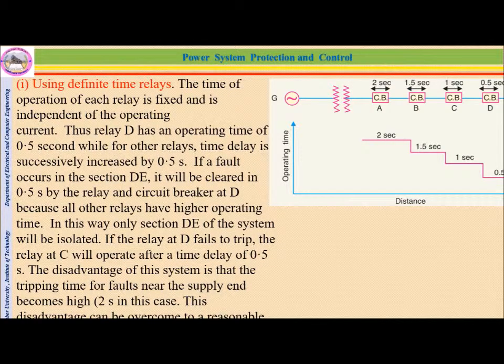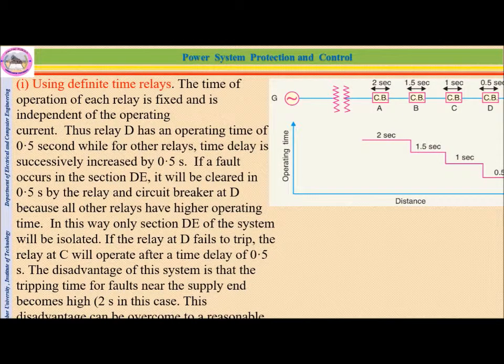For example, in this condition, relay D has an operating time of 0.5 seconds, while for the others the time delay is successively increased by 0.5. For example, D 0.5, C 1, B 1.5, A 2. So they are increasing by 0.5 seconds, whatever the current condition.